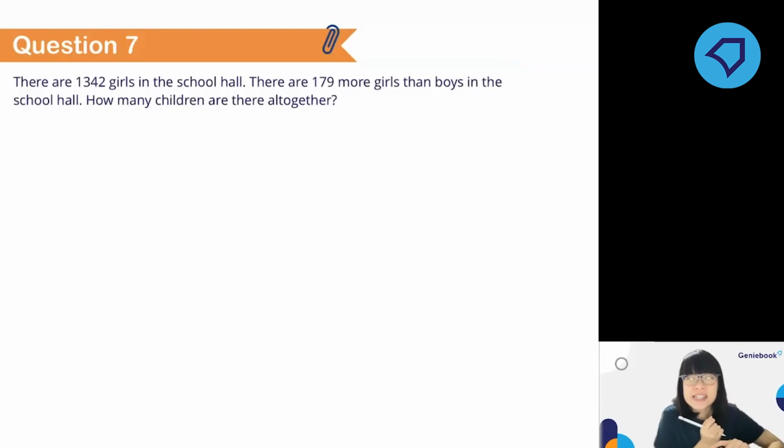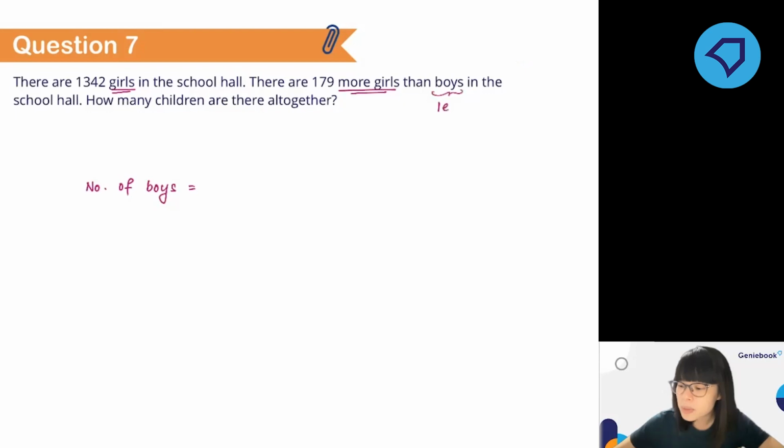Okay, so the first thing that we need to do is, you're already told the number of girls, so the first thing that we need to do is to find the number of boys. Okay, so please tell me, do we have more girls or boys? Which one is more, girls or boys? Girls, correct? Because you have more girls. Look at this. More girls means the boys must be less or fewer.